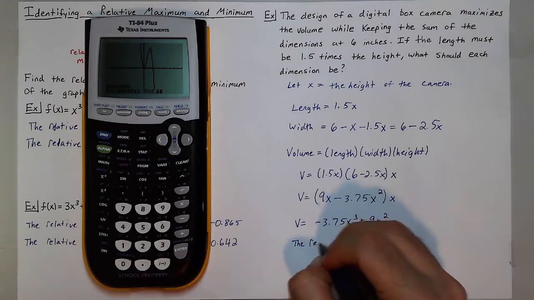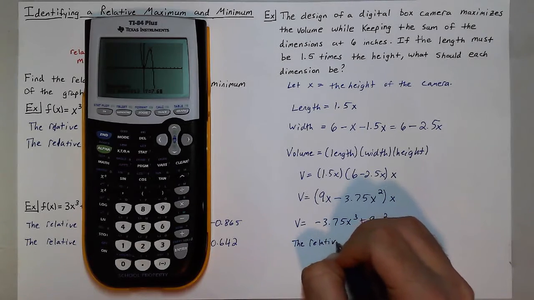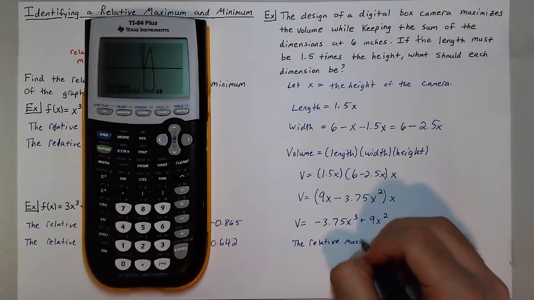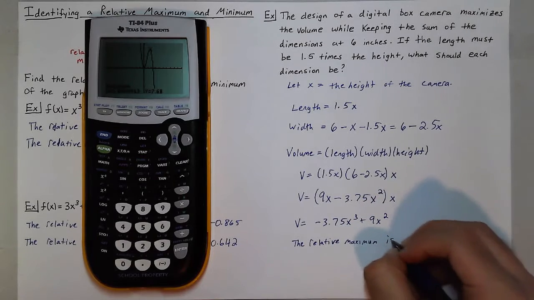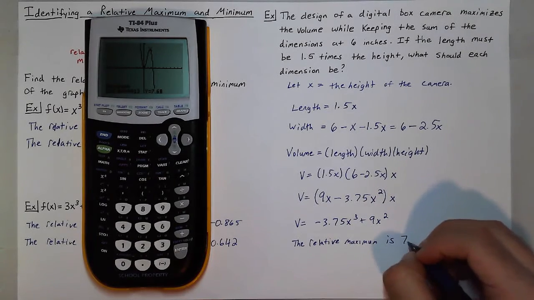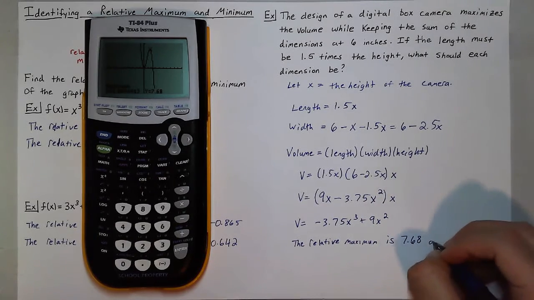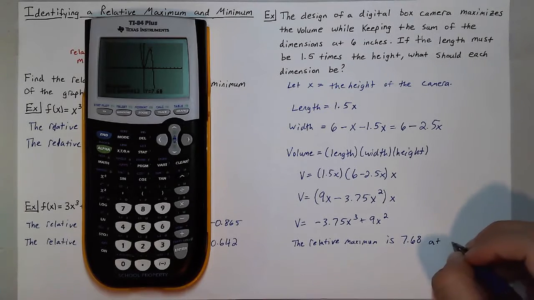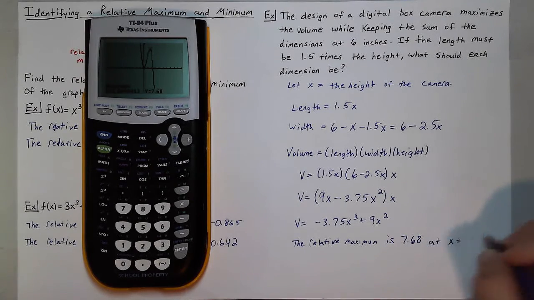And I'll see that the relative maximum is 7.68 at x equals 1.6.